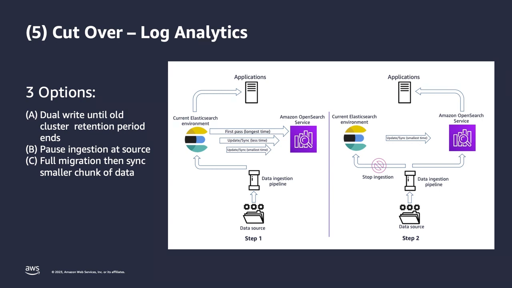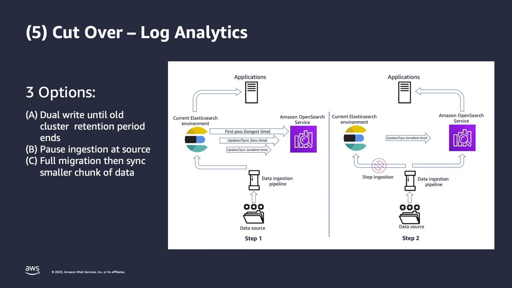So you can have a dual write to both the new cluster and the old cluster until a certain retention period ends, where all of the logs in the old cluster have been fully replaced by the logs in the new cluster, then you can retire or decommission the old cluster.